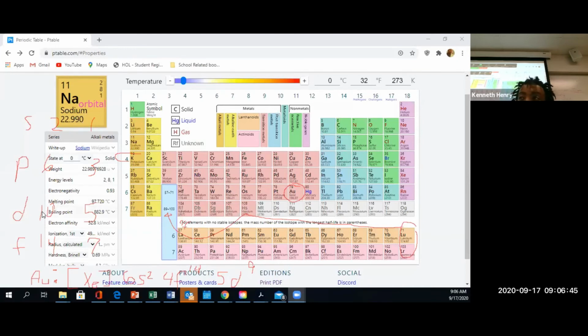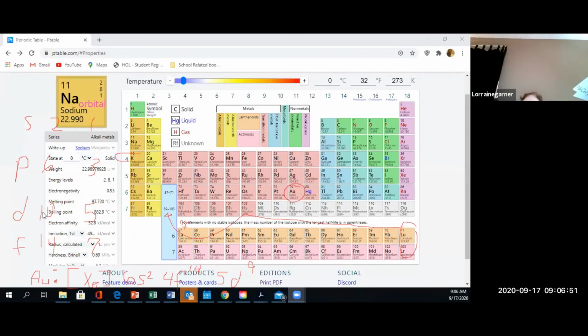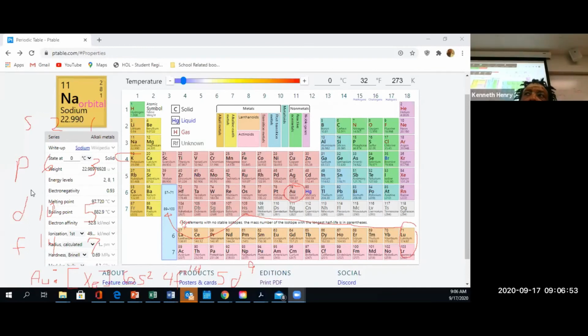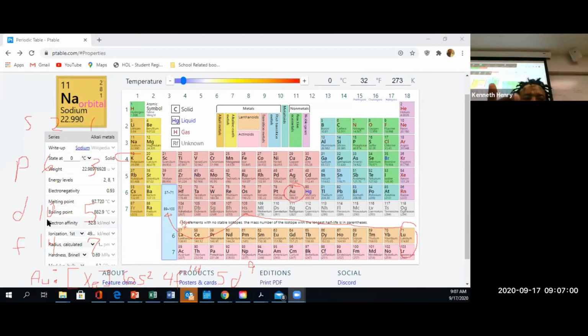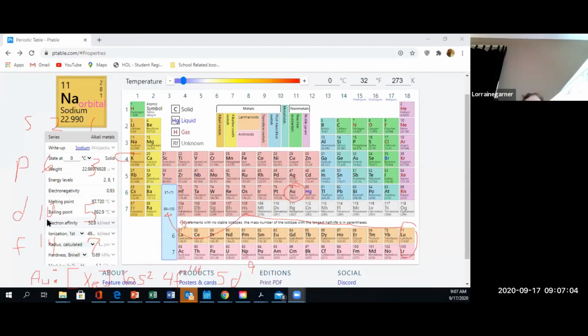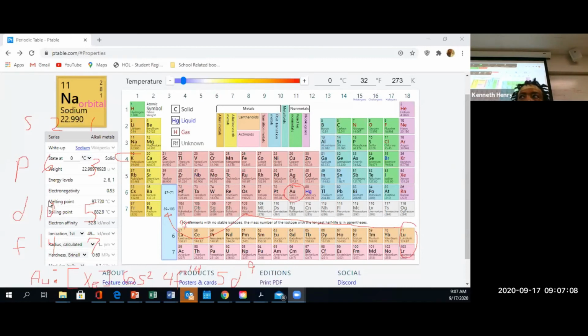Do you guys get that? 6 electrons, then 10 and 14 electrons. And so if you think about it, it's just multiplied by 2, because each orbital can hold 2 electrons. Oh, yeah, I see it.